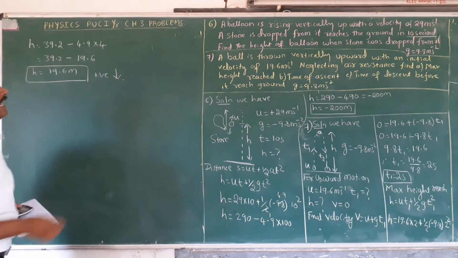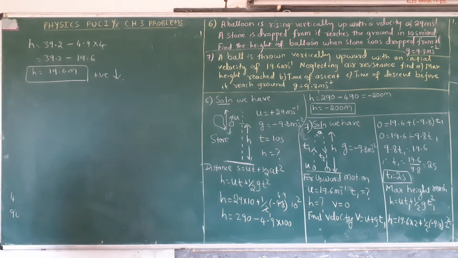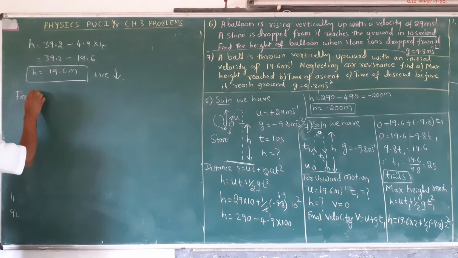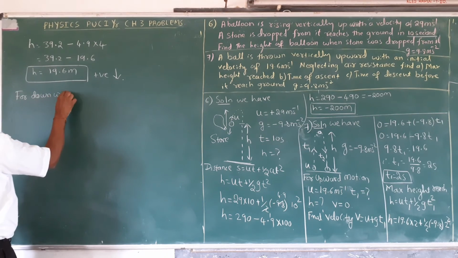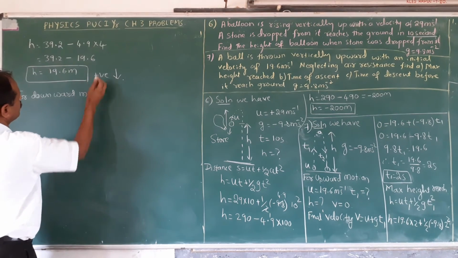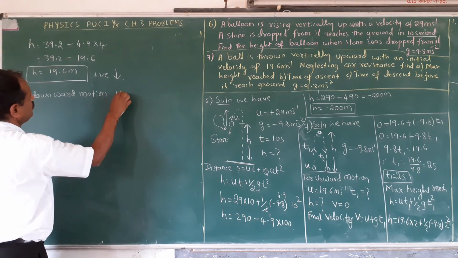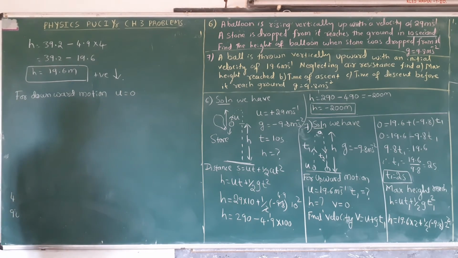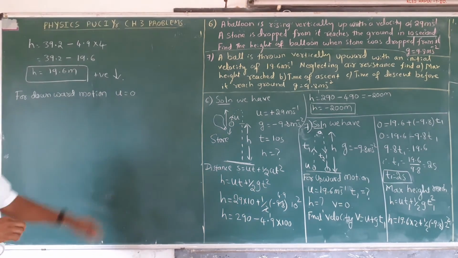Positive means downward height. This is said to be downward height. And one more I have to calculate, that is T2. T2 is time taken for descent. Now this is covered height. For downward motion, u is equal to 0.